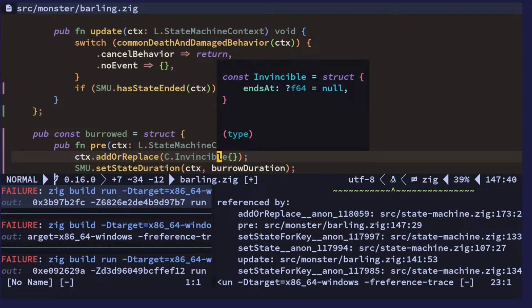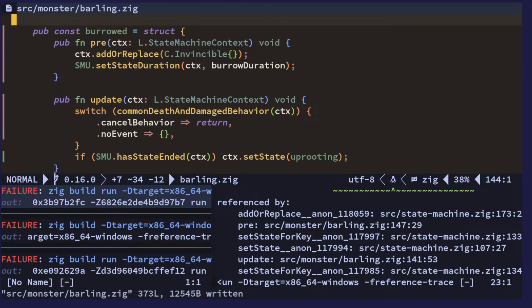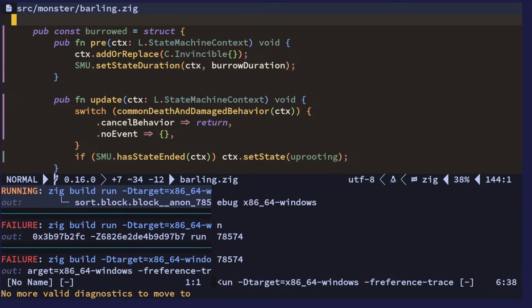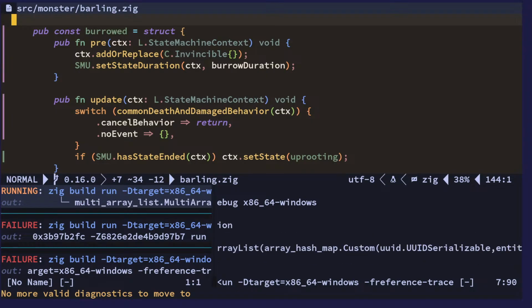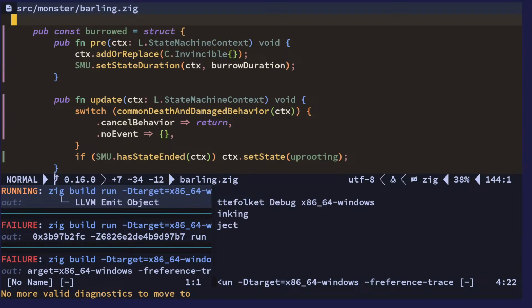My bad. So we add invincible. Okay, yeah. Great. We have to actually instantiate it there, and not just add the type itself, because that doesn't work. Okay. Cool.